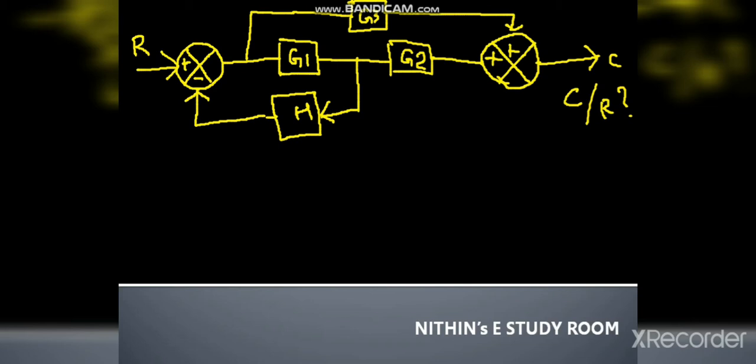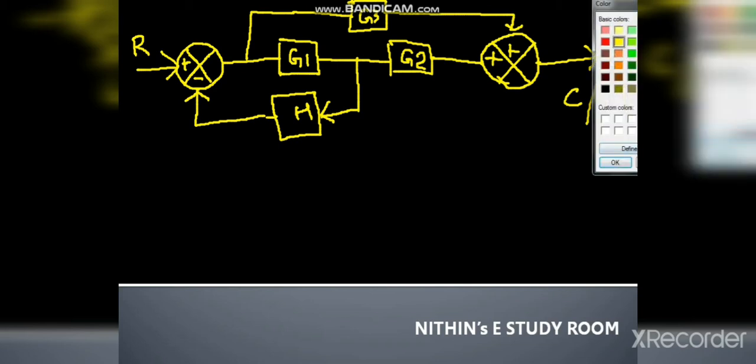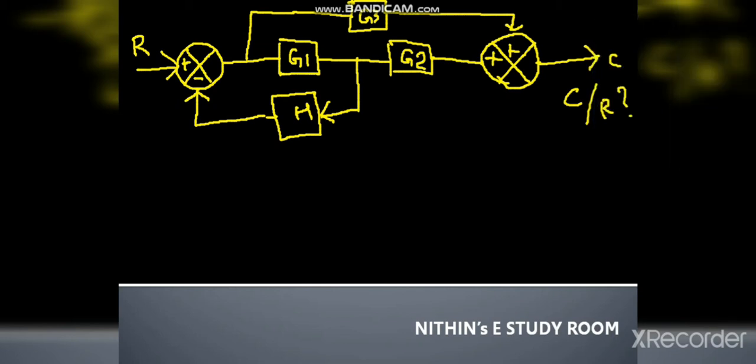In this problem, we can simply say the main complication lies in an area where 2 or more takeoff points are sharing some common area. We can see this is a takeoff point and this is also a takeoff point. In between, G1 is there.